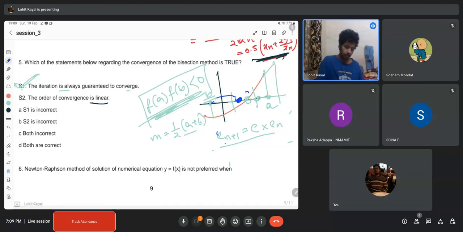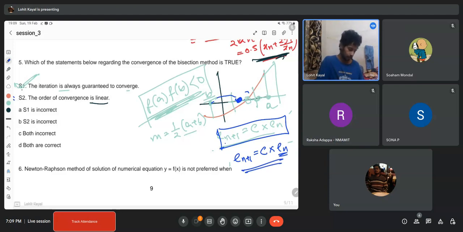So this is a linear convergence procedure. Here e_{n+1} is the error at the n plus 1 step, and c is some constant times e_n, the error at the n step. So this is linear convergence, and S2 is also correct. So both are correct, and option D is the correct choice.